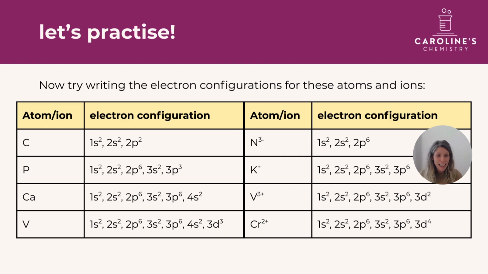When it becomes an ion, it loses 2 negative electrons. The 4s1, that's the highest energy electron, so that is lost first, and then it loses its second one from d. So 4s is gone, and then it becomes 3d4.